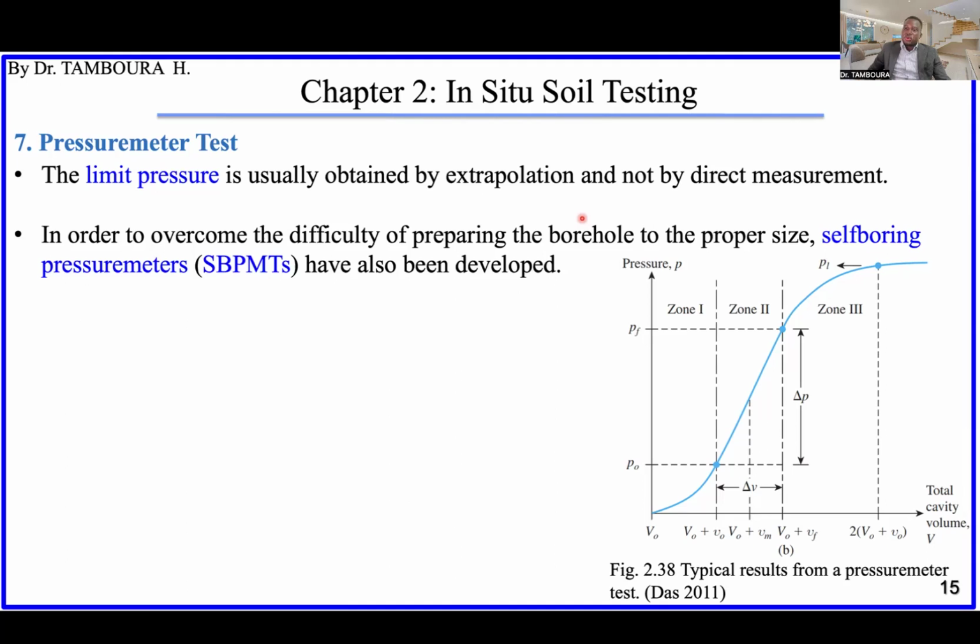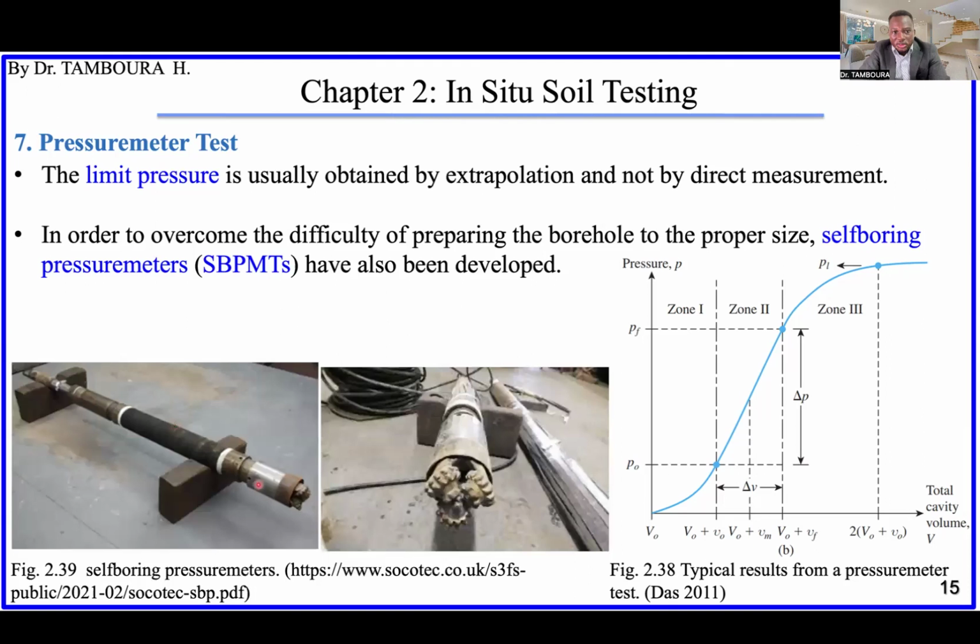The size of the borehole is related to the size of the probe. So this is sometimes difficult to respect. That's why now we have the self-boring pressuremeter that is being developed. Here is how it works.